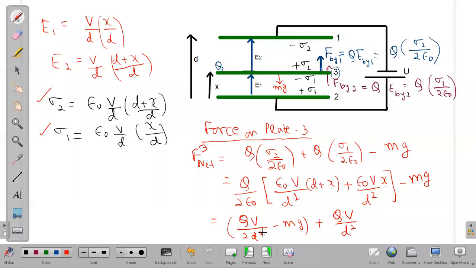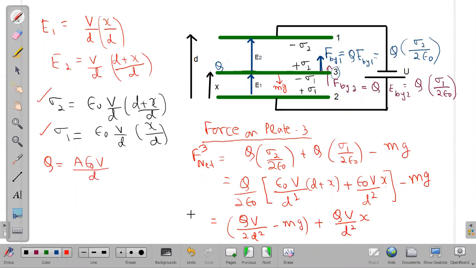That is the value of the second term. This is the force, where the charge q can be replaced by area times epsilon naught into v over d. So you can replace the charge by this value also, and then you will simplify.